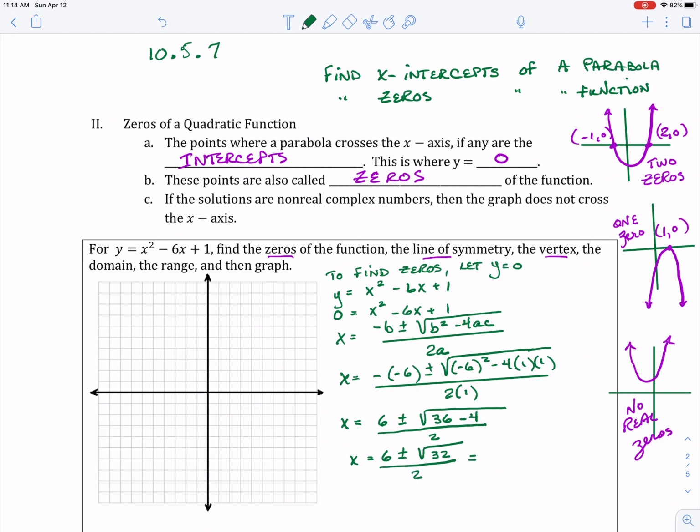And simplifying this, 32 is 16 times 2. And I hope you notice that those numbers all possess a common 2. So I'm going to go ahead and reduce this down.